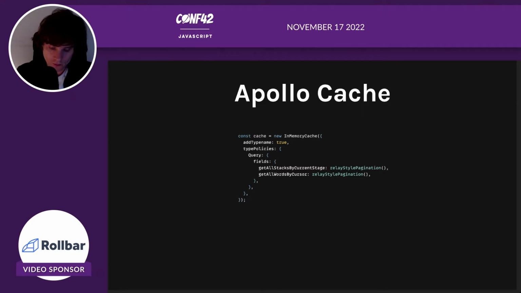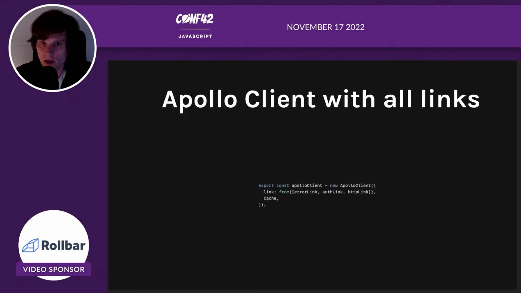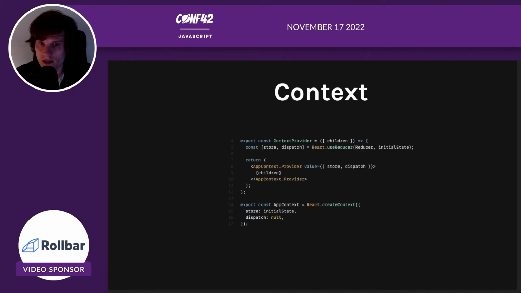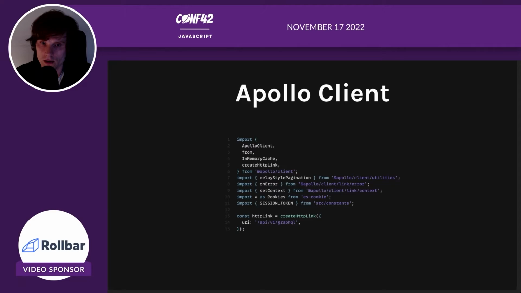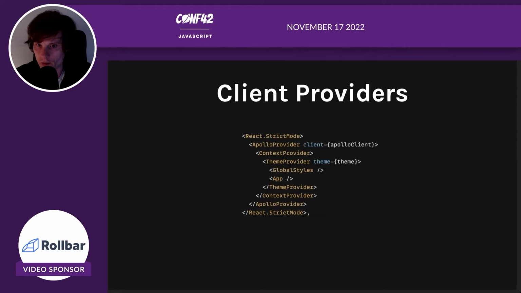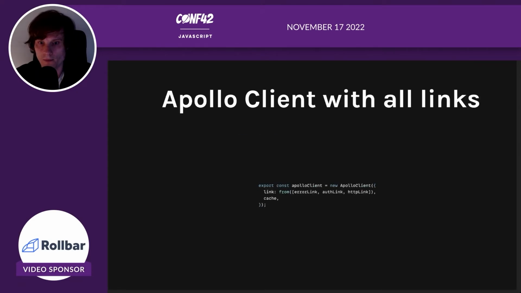And once again, all the tools that I described here, no more, no less, exactly that amount of tools, functions and features I'm using. And in the end, Apollo client with all of the links, error link, auth, HTTP link, and cache itself, that's how we are creating Apollo client, and we provide it right to the Apollo provider I showed you before, okay?